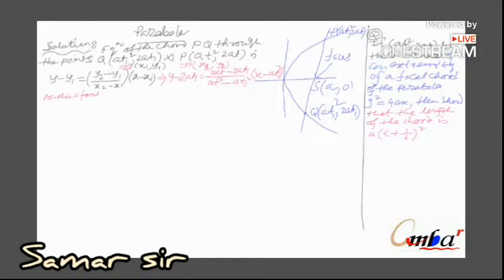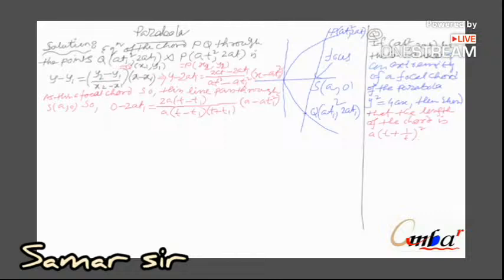As this is a focal chord, it passes through the point (a, 0). Then put the value of y as 0 and x as a, then simplify. See carefully.